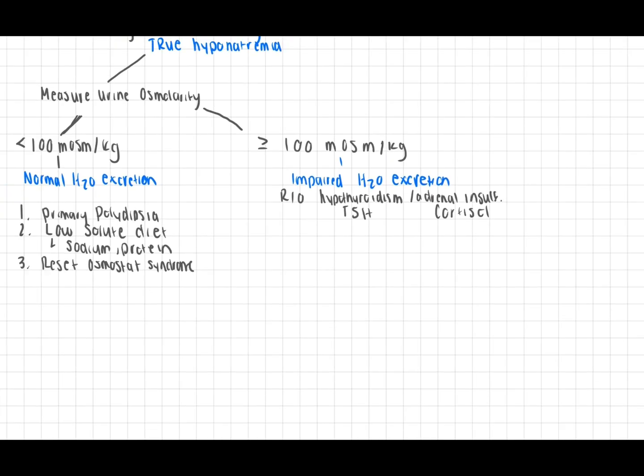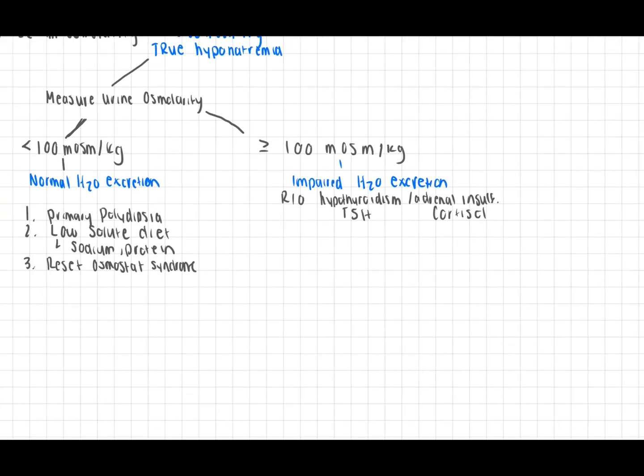So the next step is to assess the patient's volume status. Now, this isn't an easy task. So the most common cause is a decrease in volume, or hypovolemia. And the way we figure this out is we need to check urine electrolytes.